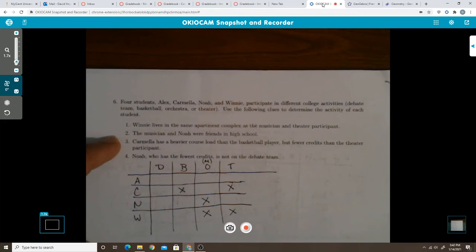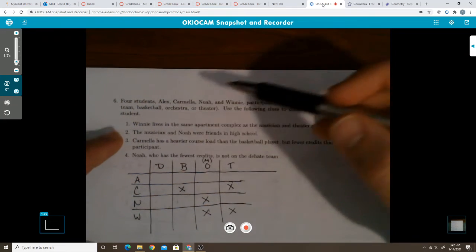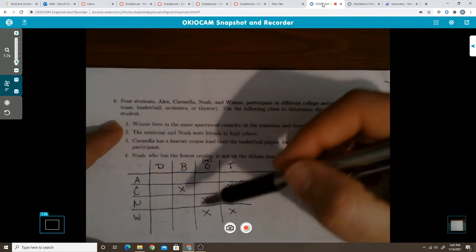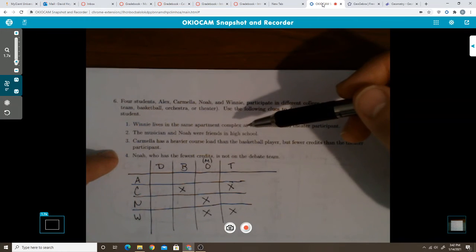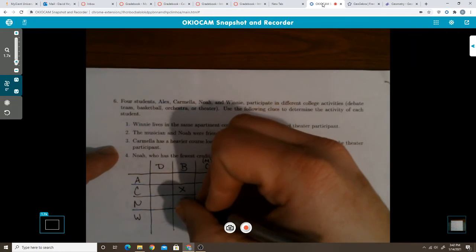And then clue 4 says, Noah, who has the fewest credits, is not on the debate team. So earlier we knew that Noah was not the musician. Now we also know that Noah is not on the debate team.